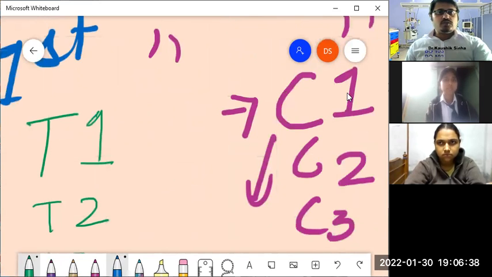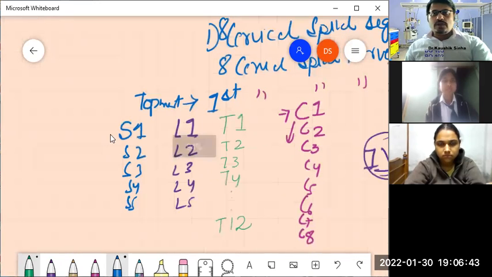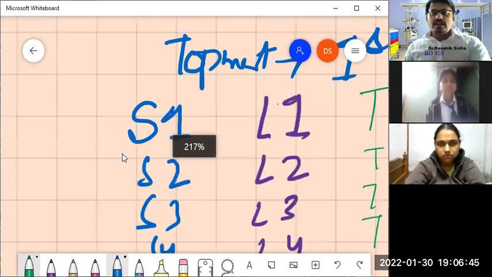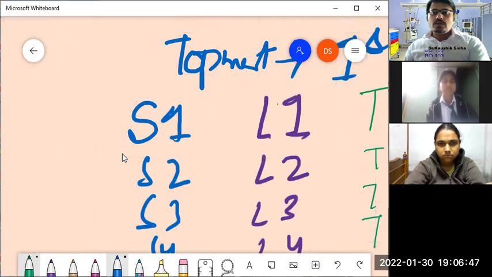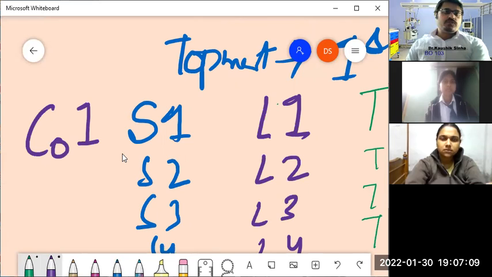So both these words start with C. So in order to distinguish and discriminate, to refer to coccyx instead of writing simply C, we also write along with C a small O, which indicates that this notation is referring to the coccygeal spinal segment. Incidentally, in the coccygeal, we have only one pair of nerves. So CO1 or simply CO nerve, these two notations refer to the coccygeal spinal nerve.